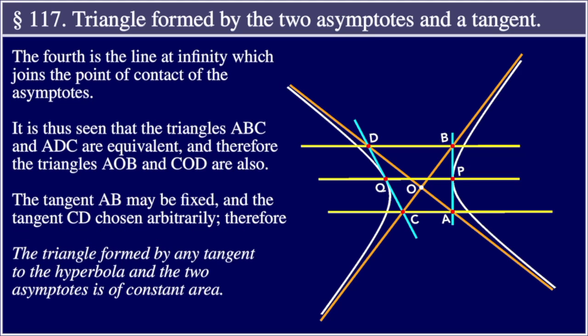The fourth is the line at infinity, which joins the points of contact of the asymptotes. It is thus seen that the triangles ABC and ADC are equivalent, and therefore the triangles AOB and COD are also. The tangent AB may be fixed, and the tangent CD chosen arbitrarily. Therefore, the triangle formed by any tangent to the hyperbola and the two asymptotes is of constant area.